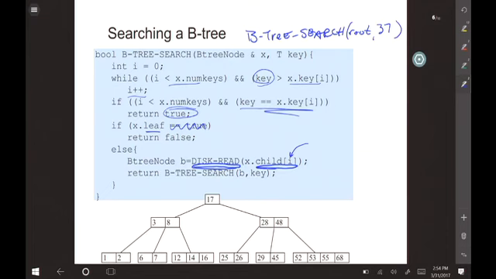Okay, so what of this code bugs you? Yeah? Excellent point. Look at this. This while loop is a linear search, right? Our nodes are ordered. We could do binary search to figure out where to go.